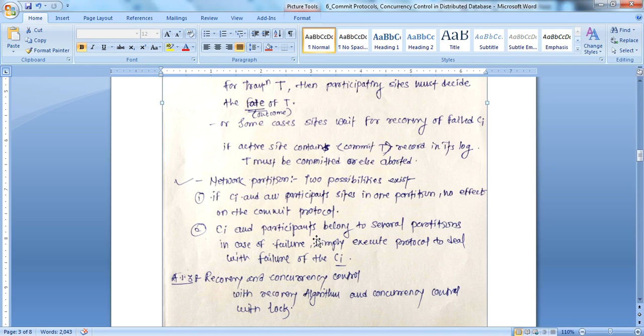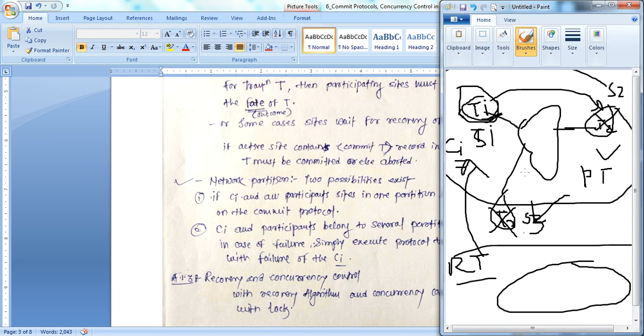The other case is that CI and participants belong to several partitions. In case of failure, simply execute the protocol to deal with the failure of CI. That is, if the partition is different, one site comes from another partition, and some sites are in the same partition, then how exactly does it work?